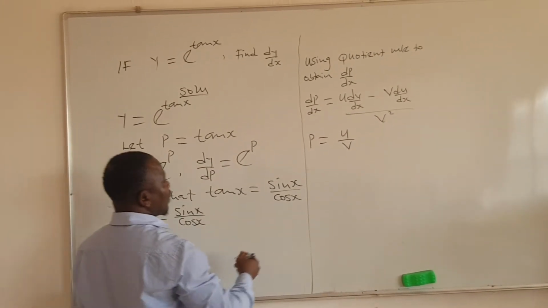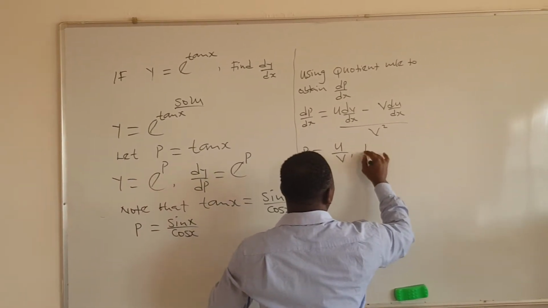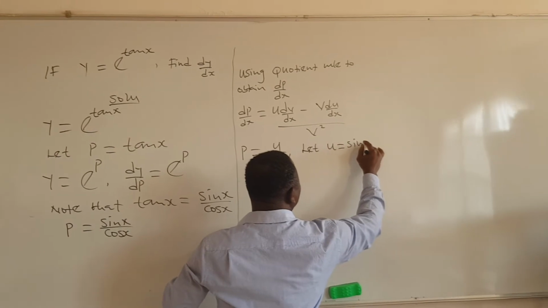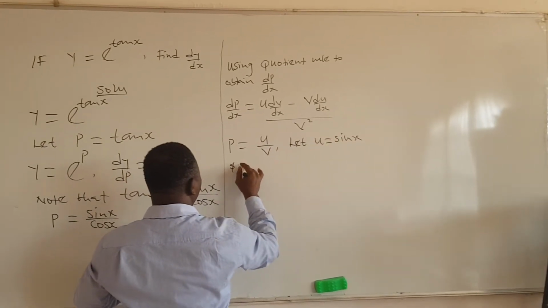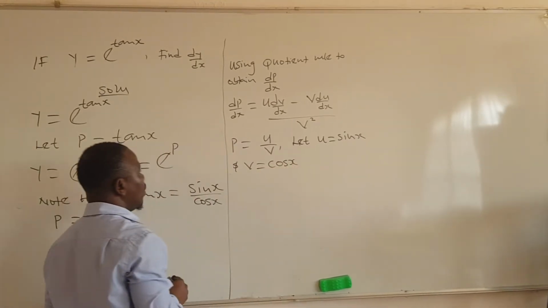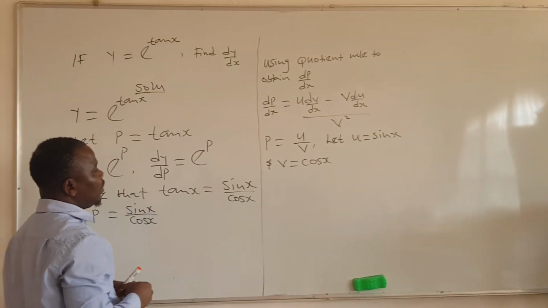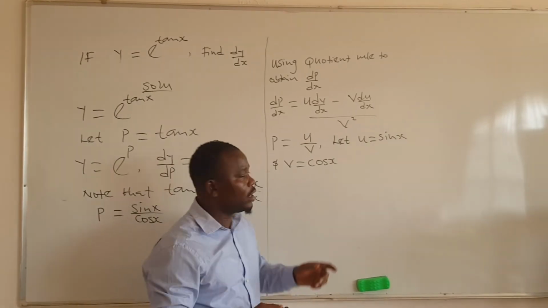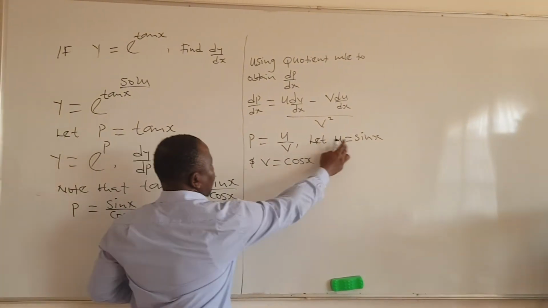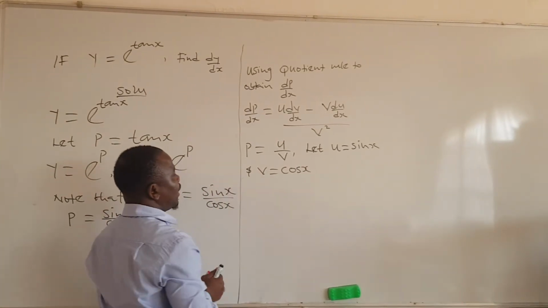It implies that we now say let u equal sin x and v equal cos x. If you agree with me, we are going to differentiate these functions with respect to x.